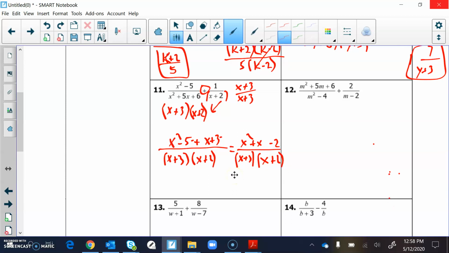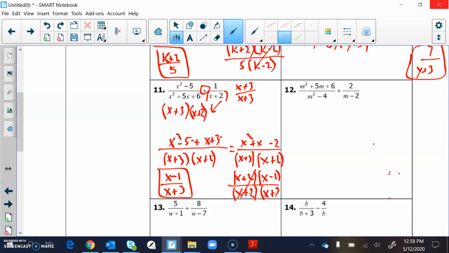It's going to be x plus 2, x minus 1, over x plus 2, x plus 3. Your x plus 2's cancel for an answer of x minus 1 over x plus 3.